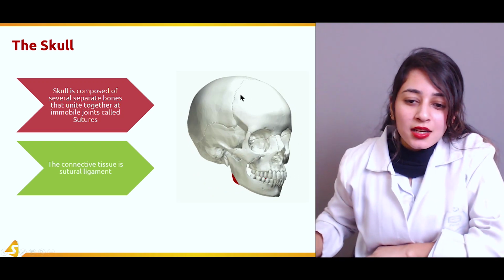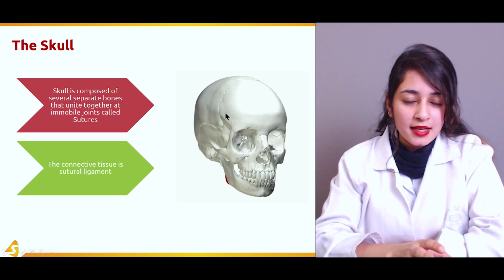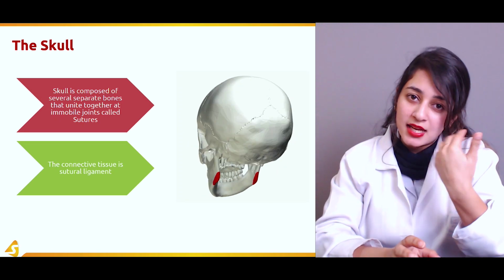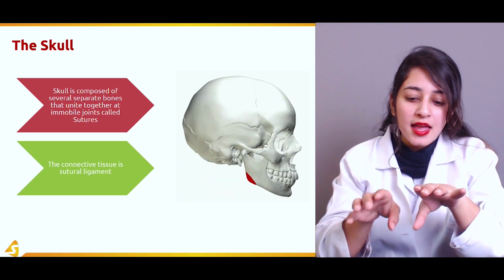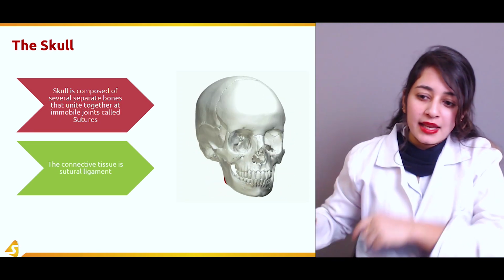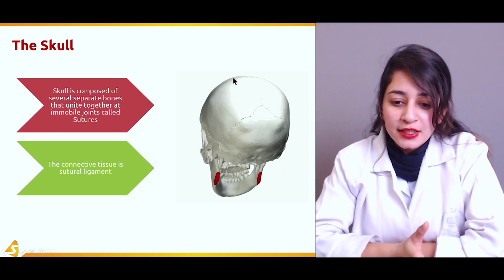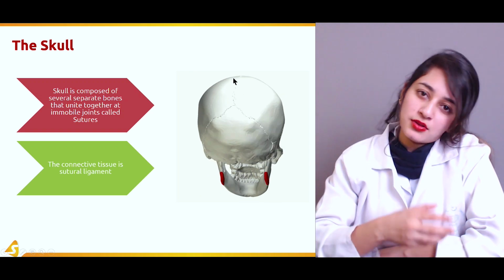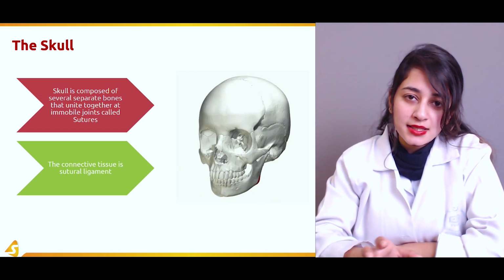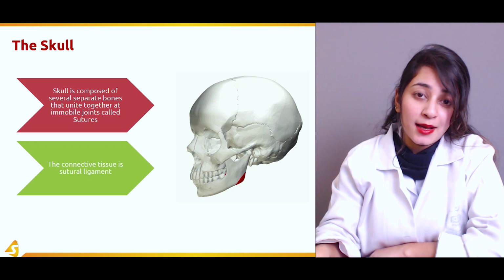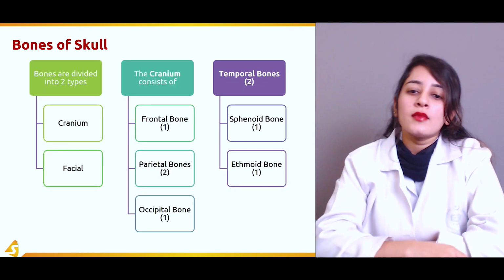These lines are basically sutures. The bones present in our skull are joined together, and the line that remains is known as a suture. The connective tissues present on the skull are known as sutural ligaments.